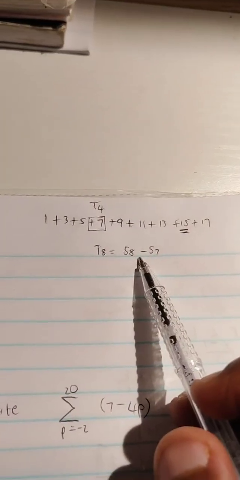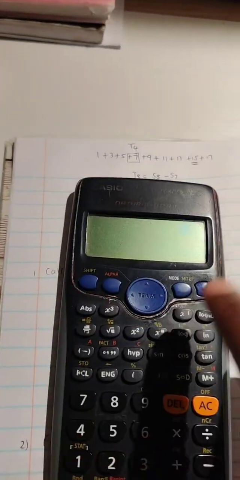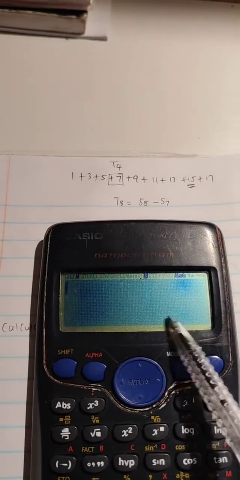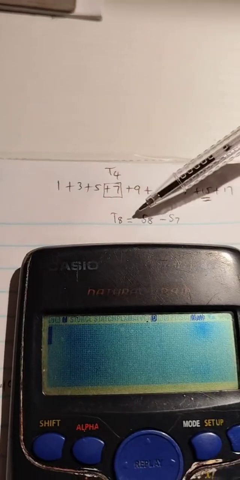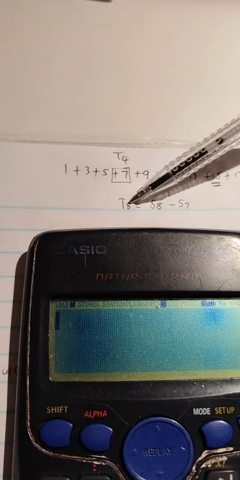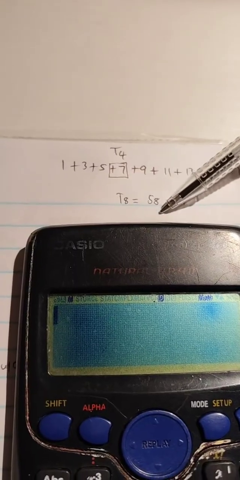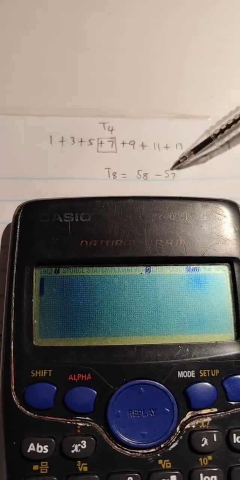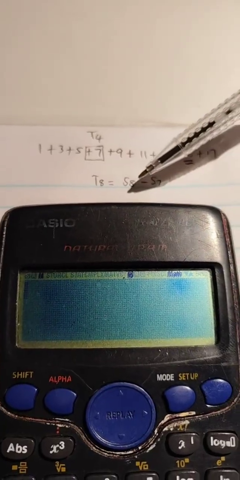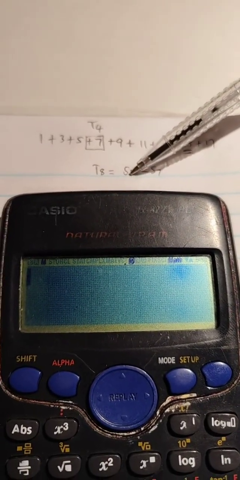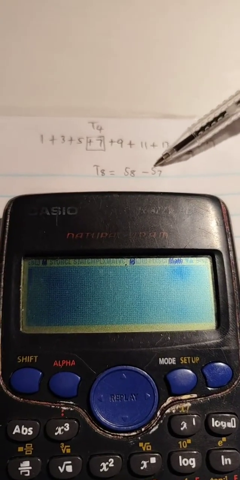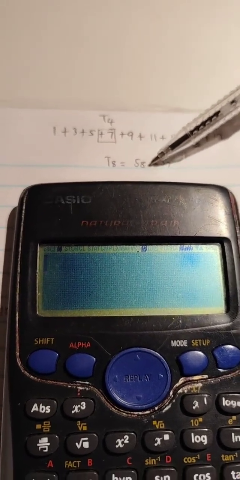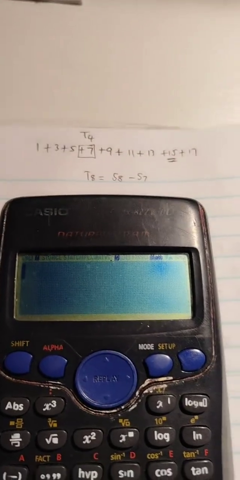I'm going to just bring my calculator close here because I want us to practically look at this. If I want term 8, I need the sum of the first 8 minus the sum of the first 7. So I'm going down by 1 and checking the sum of 1 less than this total number of terms.